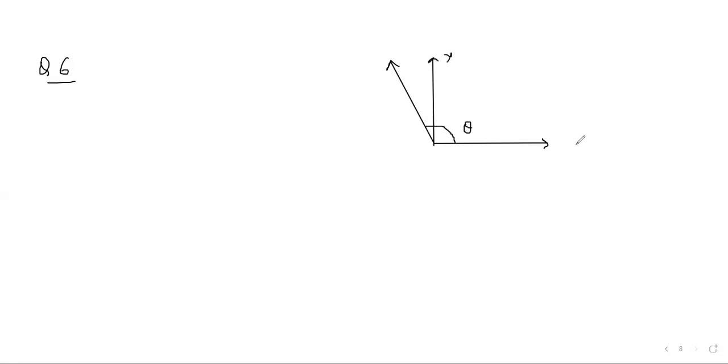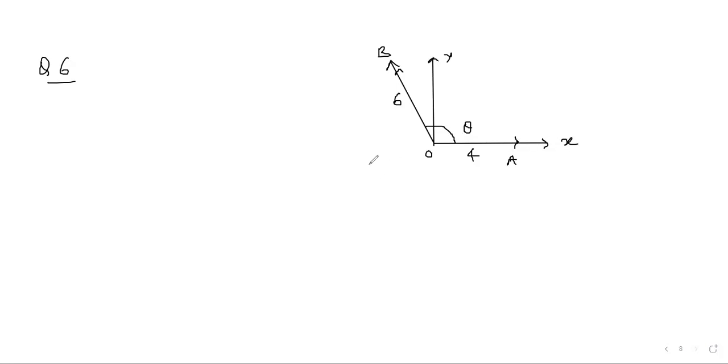This is the y-axis, this is the x-axis, and this vector is OA, and this is OB. It is given that the value of OB is 6 units and the value of OA is 4 units. Since the resultant is along the y-axis, the net value along the x-axis must be 0.